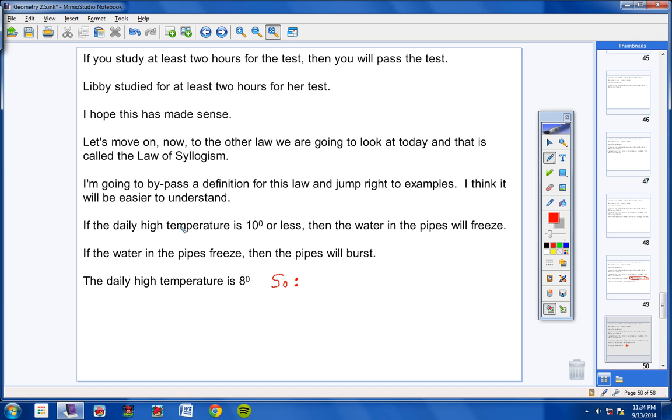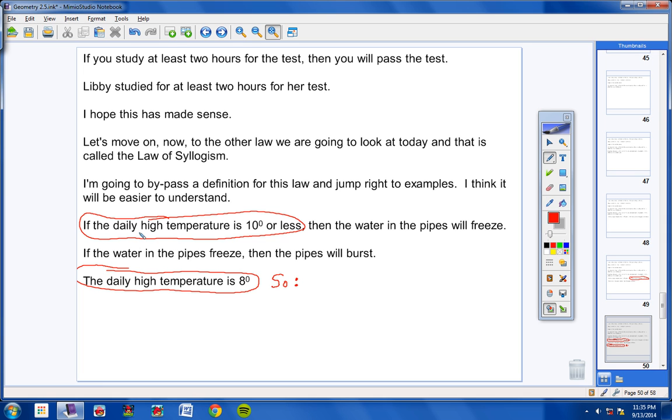Now read this very carefully. If the temperature is 10 degrees or less, then the water will freeze. If the water freezes, then the pipes will burst. The daily high temperature is 8 degrees. Notice this comment right here satisfies this hypothesis totally.